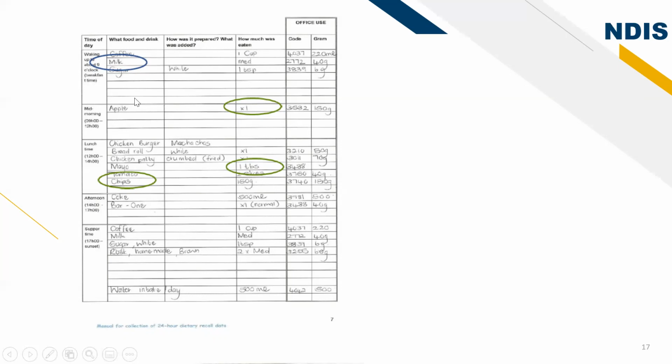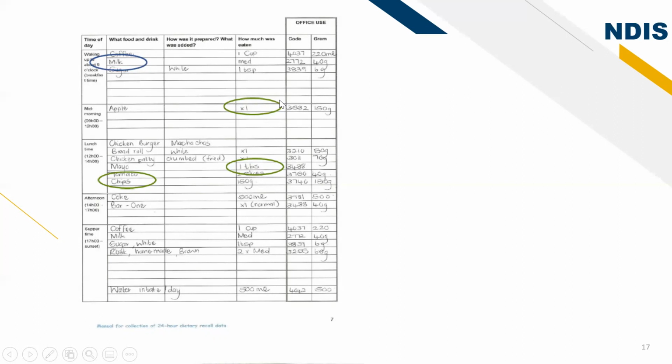Because we might just send you back into the field if it looks like you forgot to ask what type of milk. If you go to step 2 of your 24-hour recall interview, that's where you record the details and your quantities, and it might just look like you did not get the milk's complete details.